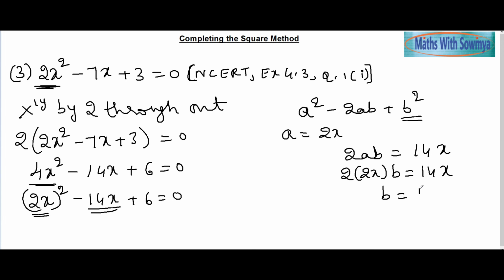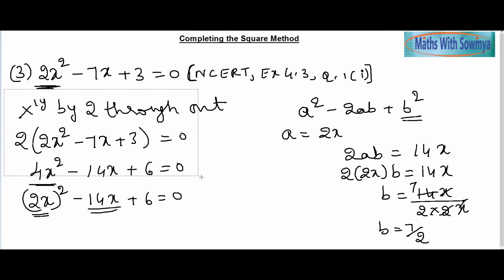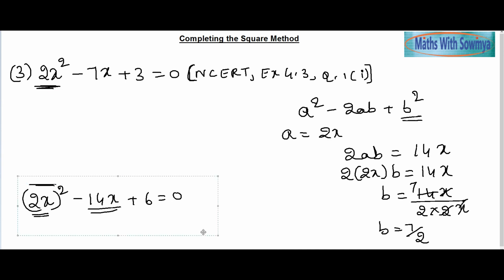I have to find b here, divided by 2 into 2x. B is 7 by 2. I want b square. So, I say add and subtract b square, that is 7 by 2 whole square.